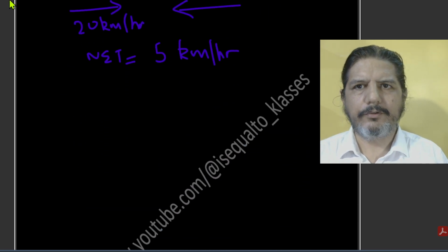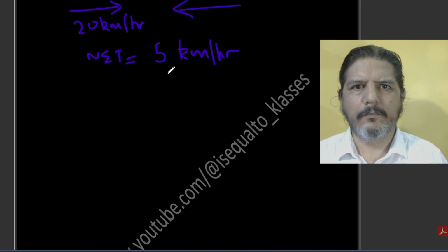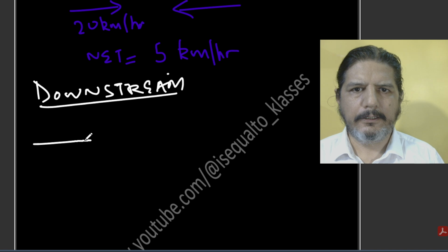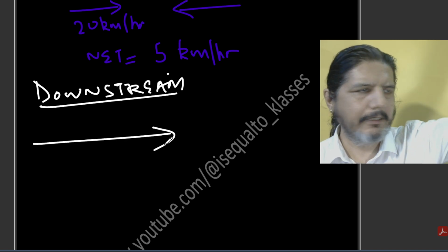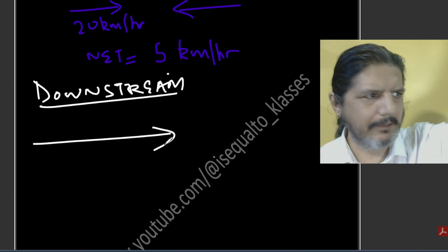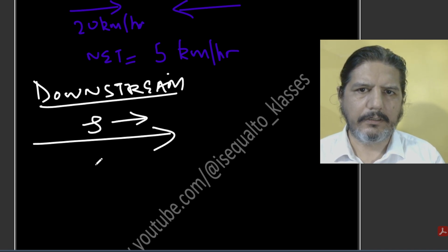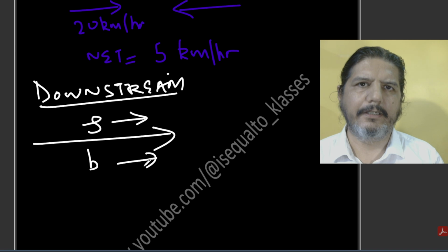Then there is something which is called downstream. But downstream implies that the river is flowing in this direction and you are also boating in this direction. So the river or the stream is in this direction and you are also boating in this direction.